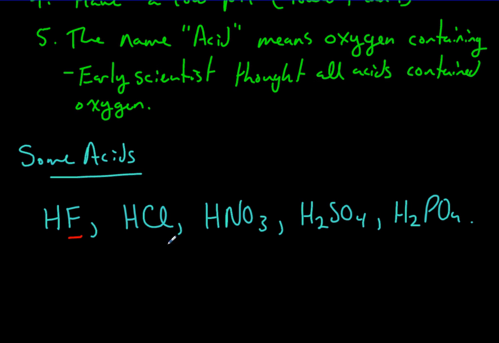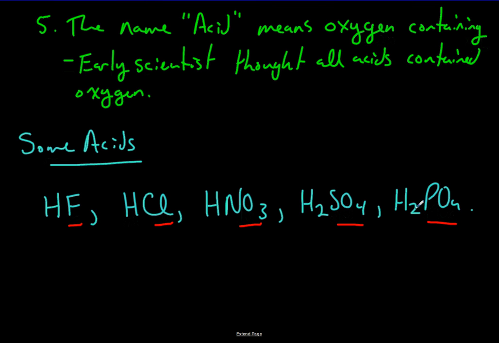So there's a fluoride anion, chloride anion, a nitrate anion, a sulfate anion, and a phosphate anion, right? Basically, anytime you put a hydrogen with an anion, okay, it's going to make an acid. So what do they have in common? They all have hydrogen as the cation, right?